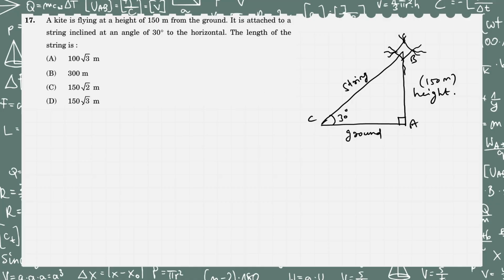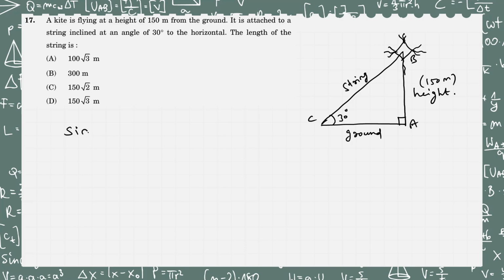Let's see what we have to do and find the length of the string. So the length of the string is the hypotenuse of the right triangle ABC, right? So we know the angle and we know the perpendicular to the angle given, and the hypotenuse is what we need to find out. So the trigonometric ratio which connects the perpendicular and the hypotenuse will be sine, right?